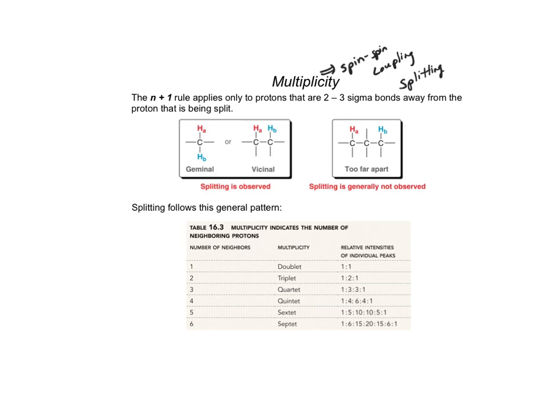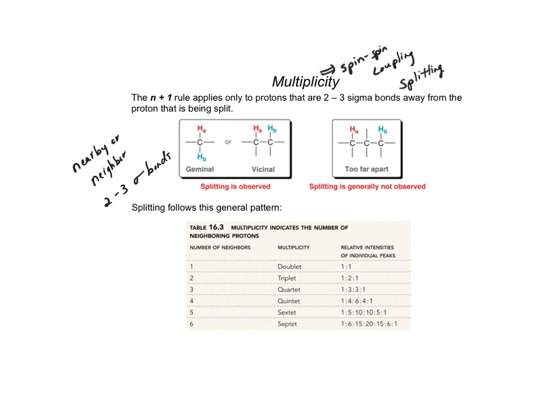Okay, number 2, what do I mean by nearby? So I'll say nearby or neighbor protons. What we mean by that is that you're only going to see splitting between protons that are 2 to 3 sigma bonds away. That's a big characteristic thing that you need to know, okay?